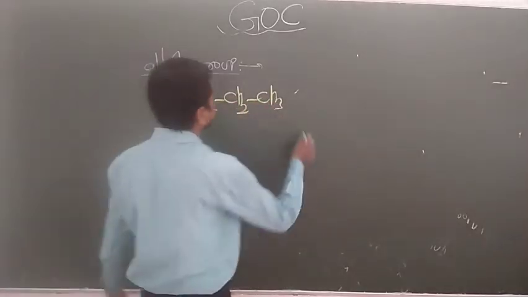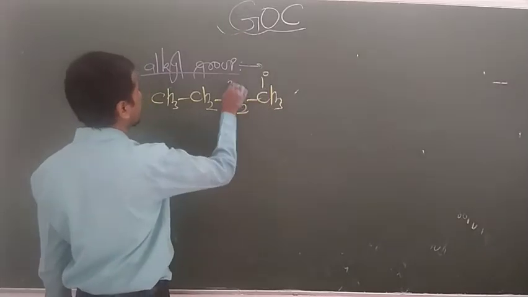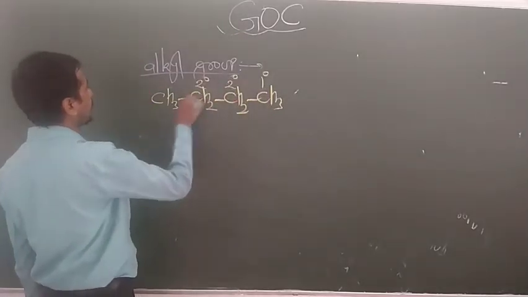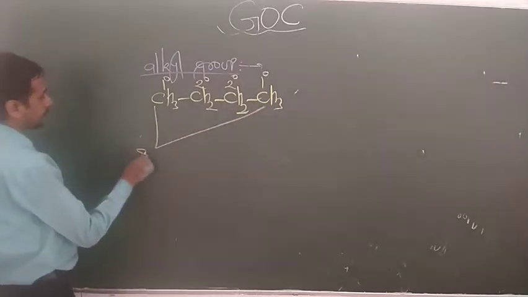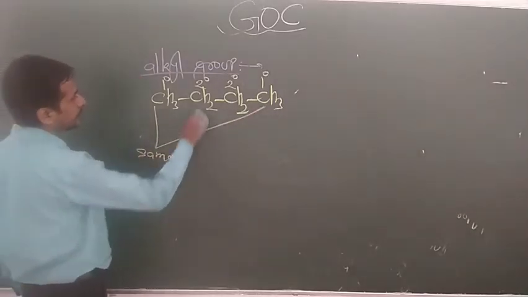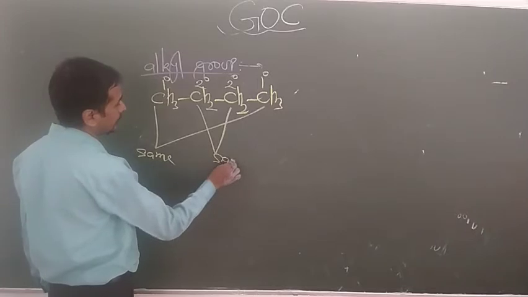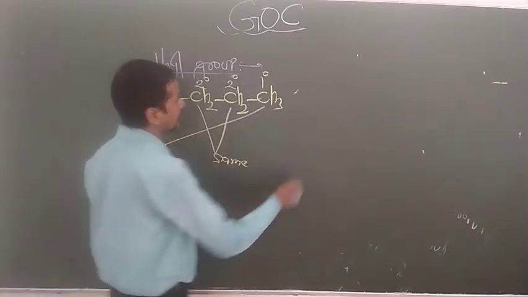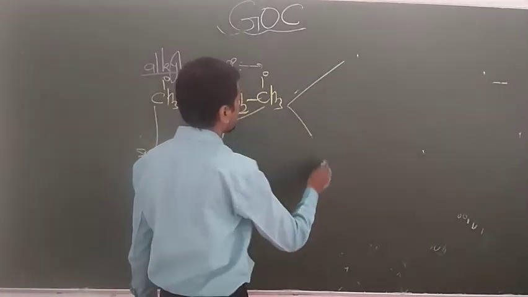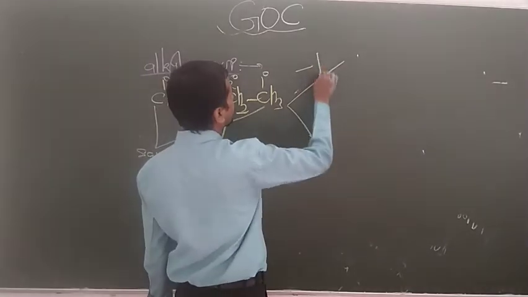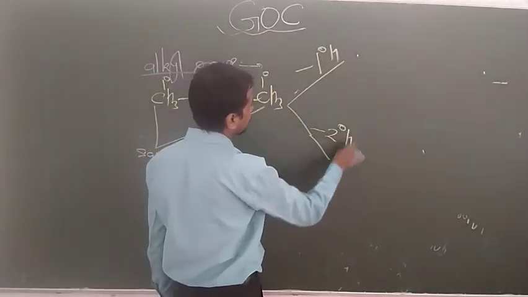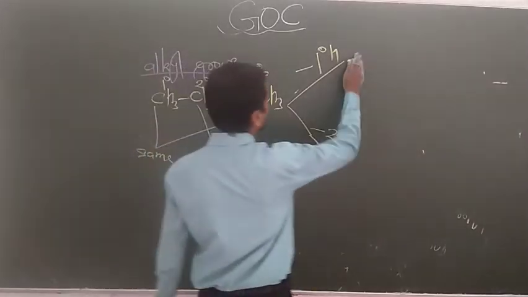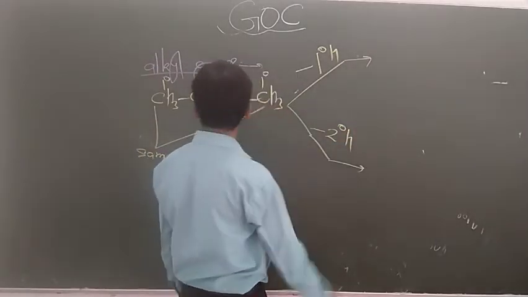Look at here. 1 degree carbon, 2 degree carbon, 2 degree carbon, 1 degree carbon. These 2 carbons are the same. These 2 carbons are also the same. So here 2 conditions are arising again: removal of 1 degree H and removal of 2 degree H. Now look at the formula found by this removal.